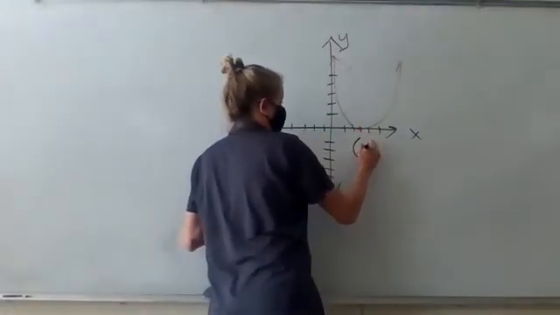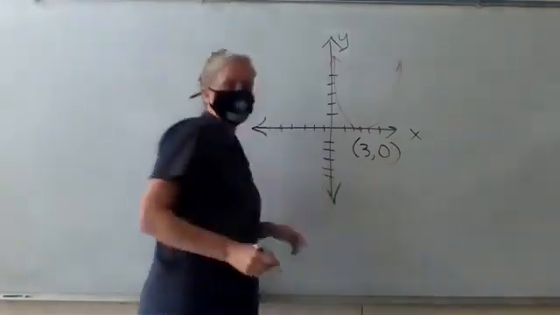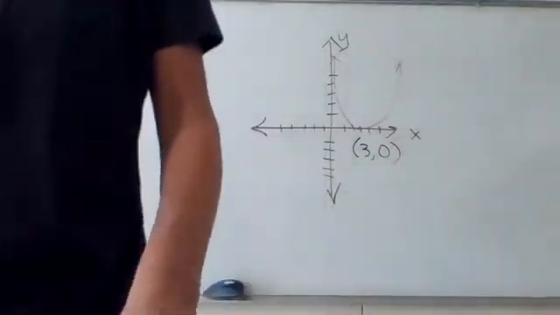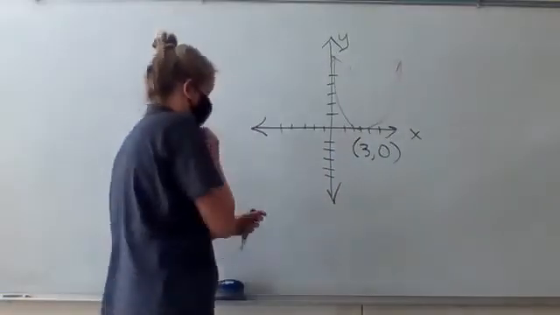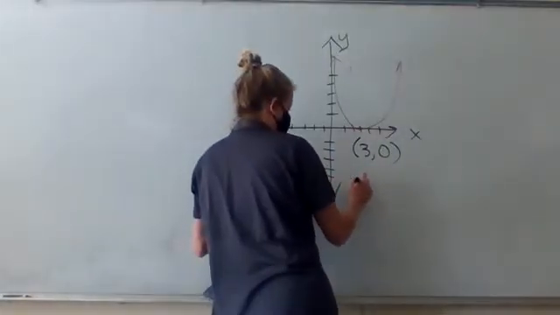Right below this picture of this parabola, it gives me those coordinates of that point. So it's at 3, 0. It literally tells you what the vertex is. The vertex is 3, 0.